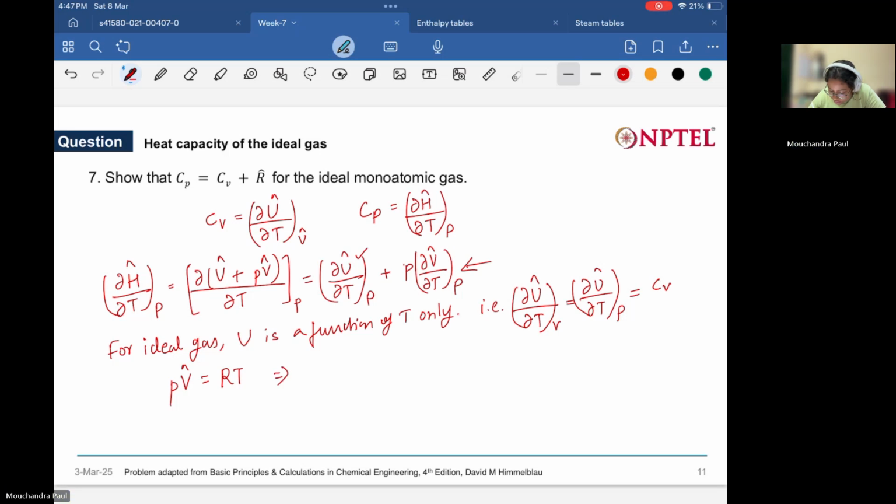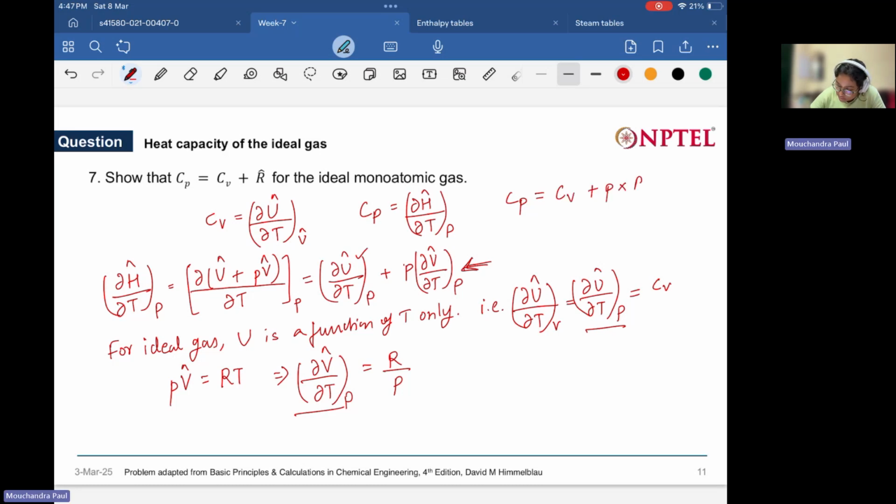So if you take a differential on both sides with P constant, this becomes delta V cap by delta T at P constant, R by P. If you substitute the values in this expression, you should get Cp is equal to Cv plus P into R by P. P cancels out.